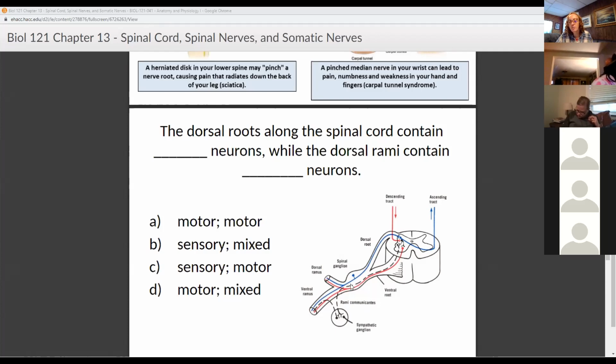If you look here, it shows you the blue are sensory, the red are motor. The dorsal root is going to contain sensory. The dorsal rami are going to be mixed. The dorsal root contains sensory. Yes, if you look here, it's coming in through the posterior horn. The posterior horn is always going to bring in sensory.